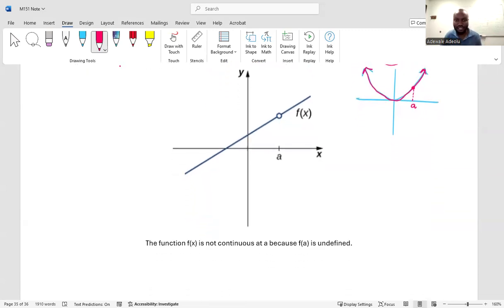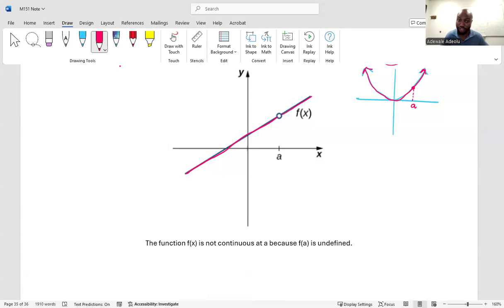Okay, look at this figure. At this point A, we can see we can trace this graph. However, when we get here, there is a lifting of pen before we continue.